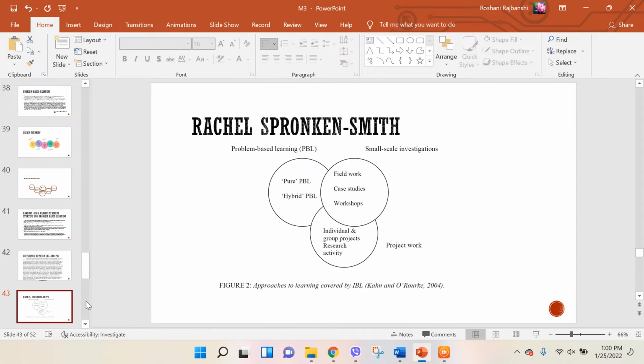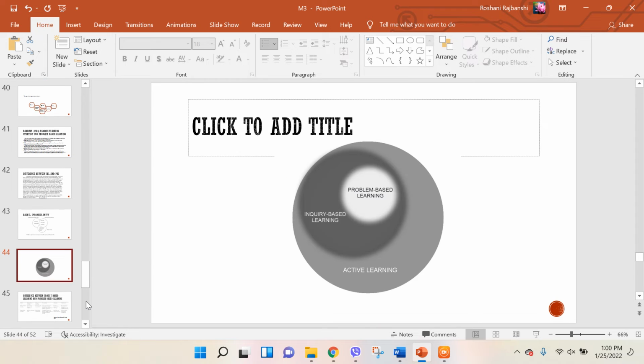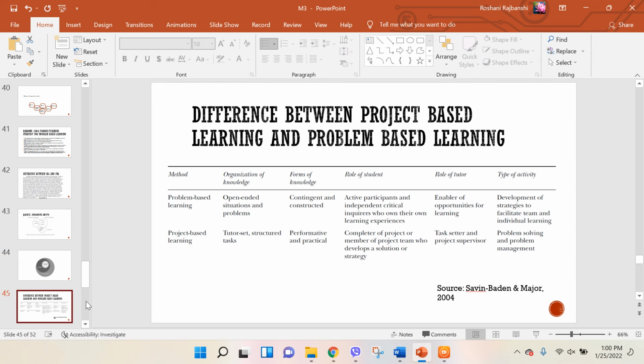In this figure, problem-based learning, small-scale investigation and project work are like the three dimensions of learning, while you can see in this picture that problem-based learning is a subset of inquiry-based learning, which is again a subset of active learning.